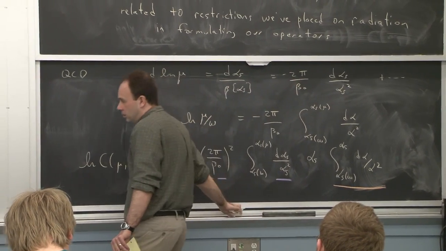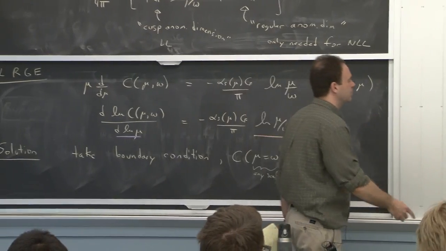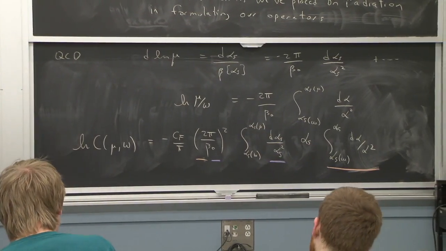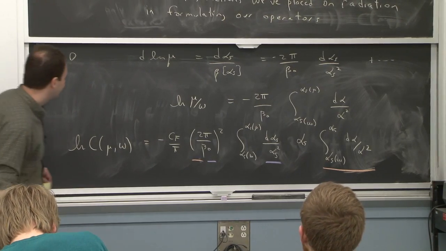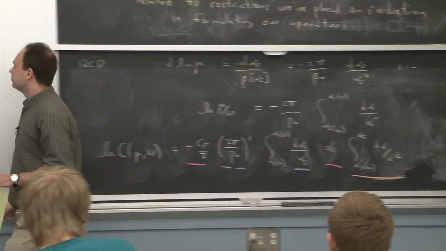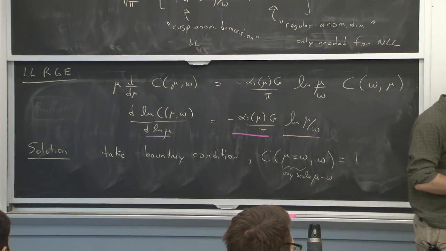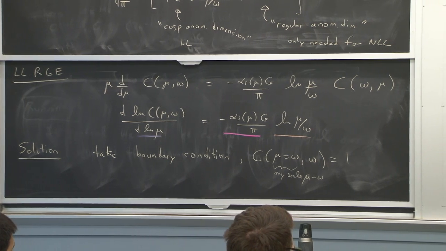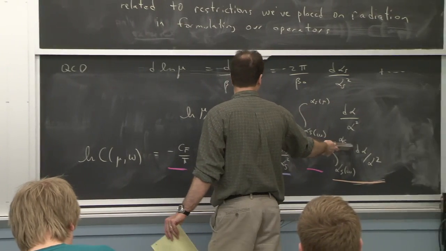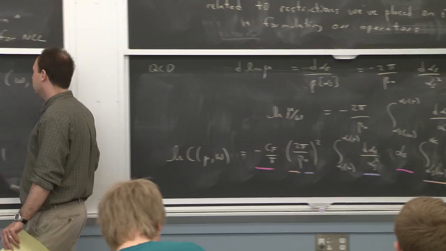And then there's this sort of explicit alpha C_F over pi, which I've written as C_F over pi up front, and this alpha here. Okay, so we do that integral. Well, all the integrals are trivial. We do this integral, and then we get integration variable and fixed quantity, and then we do this other integral. We get a solution.